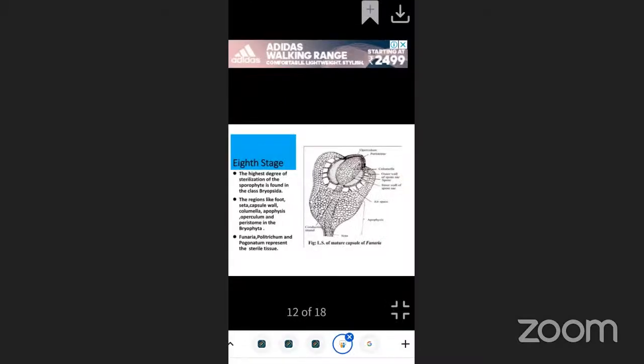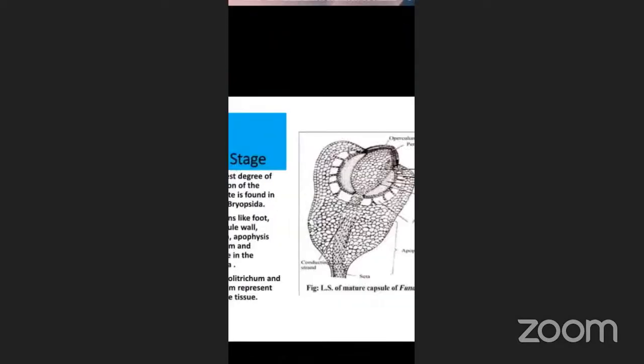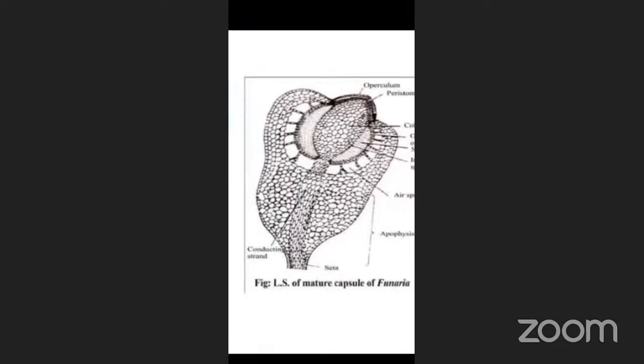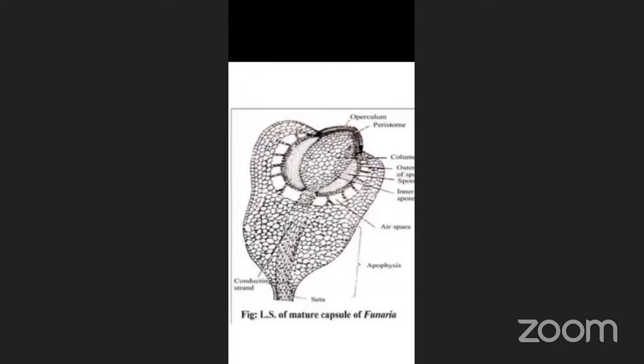Okay, so see here, Funaria has a complex structure of the sporophyte. See here, this one is highly complex. Compared to Riccia, the sterile tissue is more.